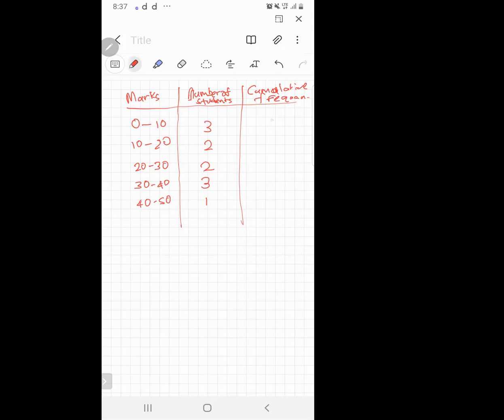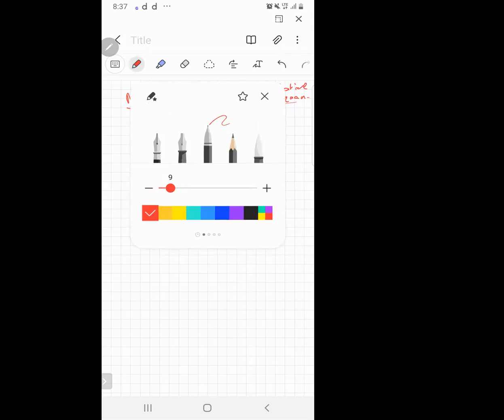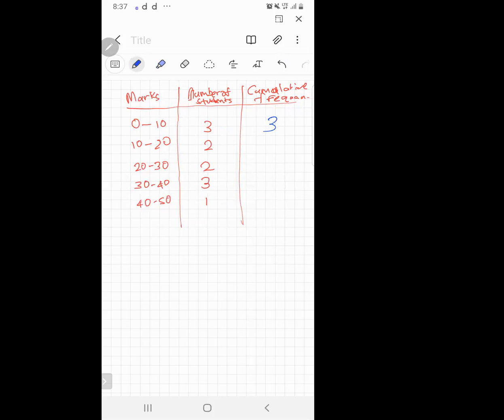So the cumulative frequency is 3, 3, and after that 3 plus 2 is 5, 5 plus 2 is 7, 7 plus 3 is 10, and 10 plus 1 is 11. This is the cumulative frequency. Here I am going to sketch the cumulative frequency graph.